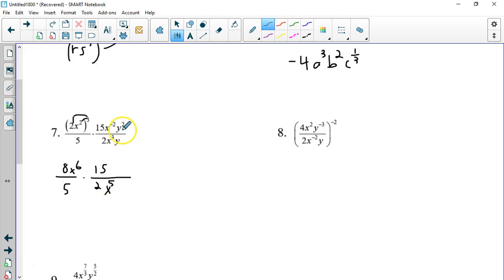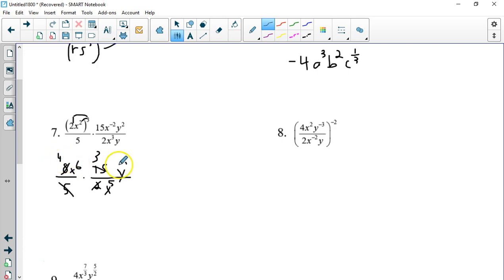And then my y's, I'm going to clean that up. Where do I have more y's? On top. How many more? 1. Now I have a couple choices. I can multiply straight across, or I can cancel. I personally like to reduce my numbers and keep them small. So I'm going to say 5 goes into 15 3 times. And 2 goes into 8 4 times.